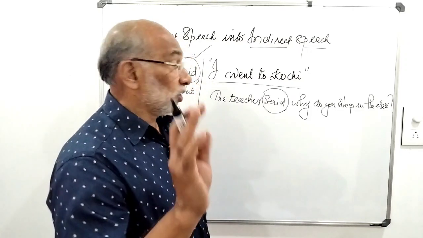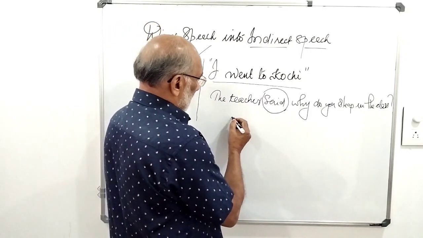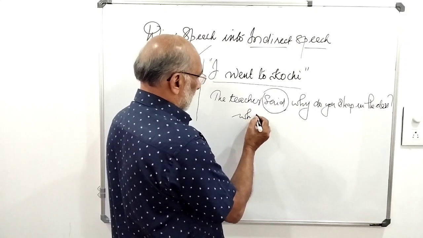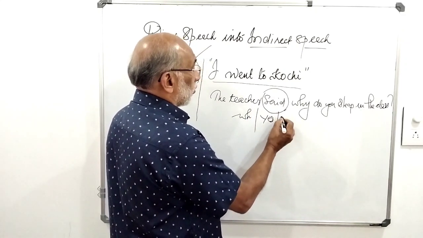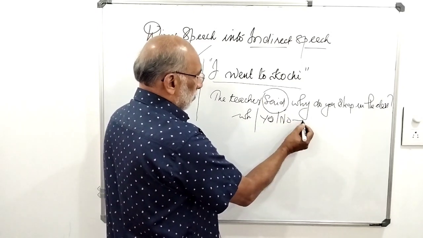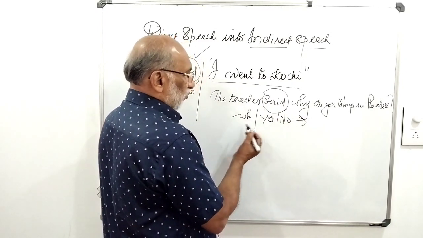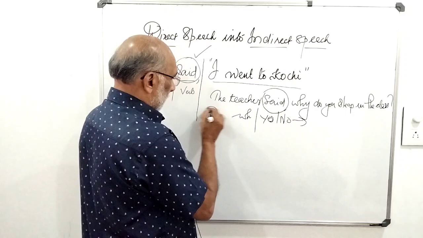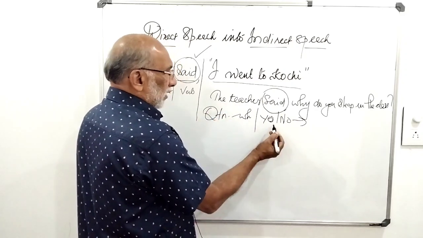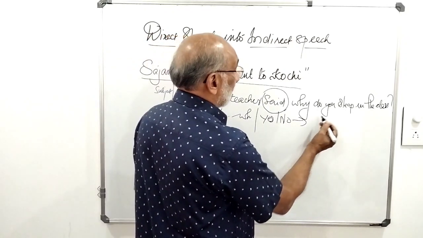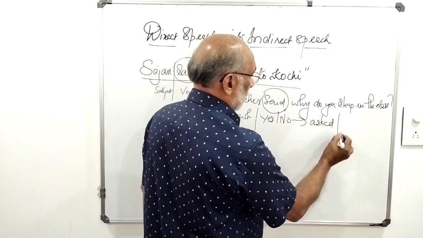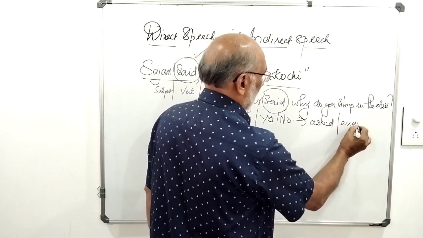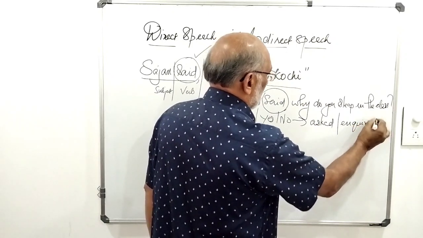I told you there are two types of questions. One is WH question and the other one is yes or no question. In both the cases, we can use the reporting verb asked or inquired. Okay.